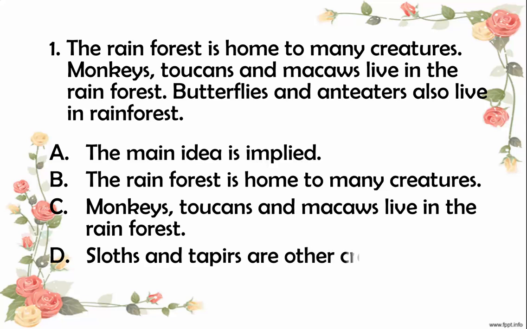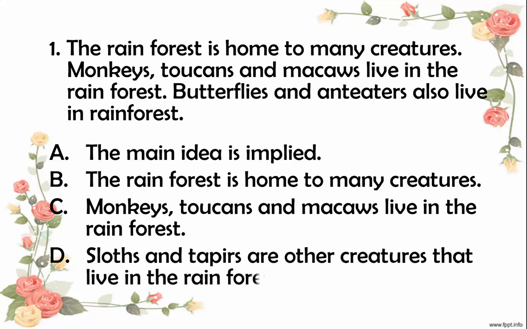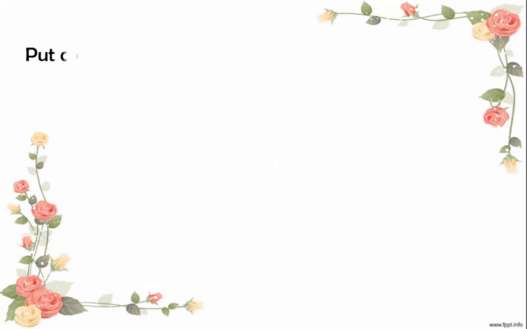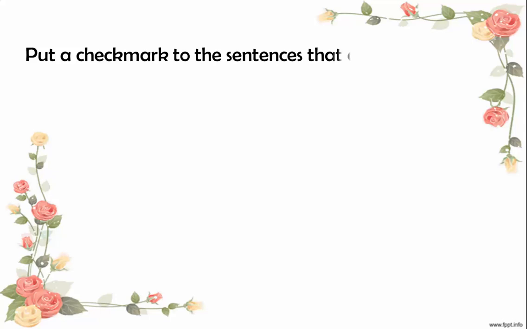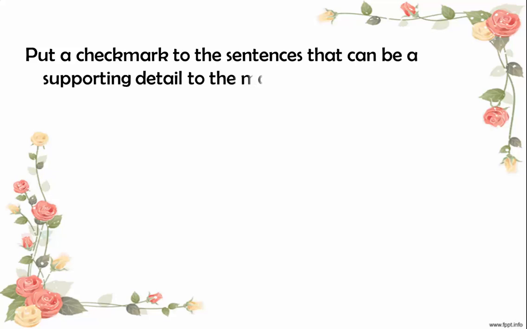Sloths and tapirs are other creatures that live in the rainforest. The answer is yes, it's letter B, and the main idea is stated through the topic sentence, which is the rainforest is home to many creatures.